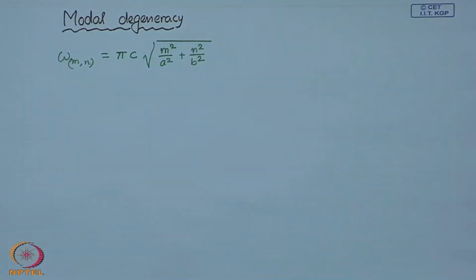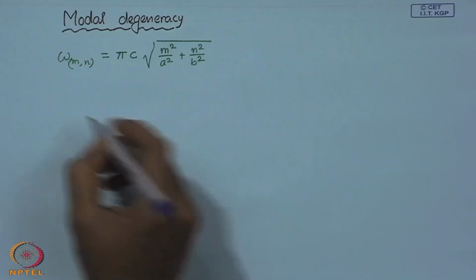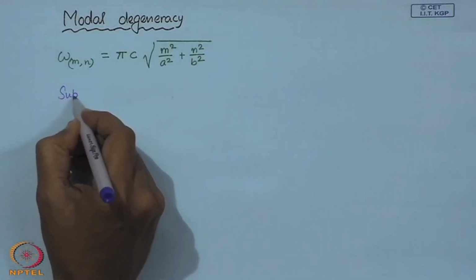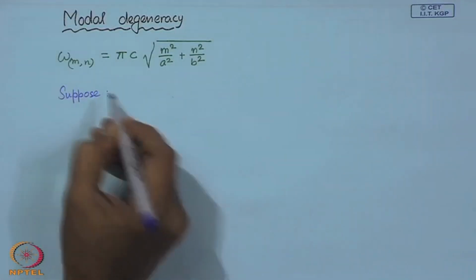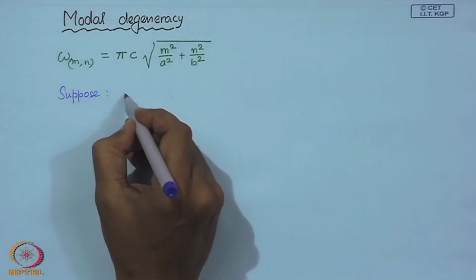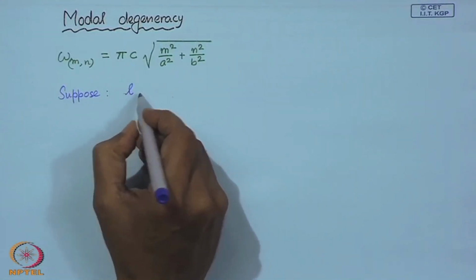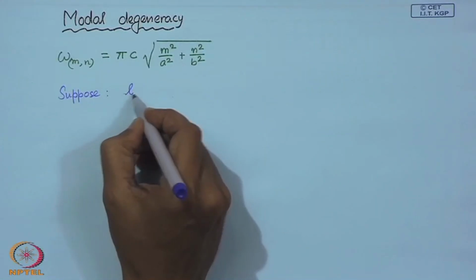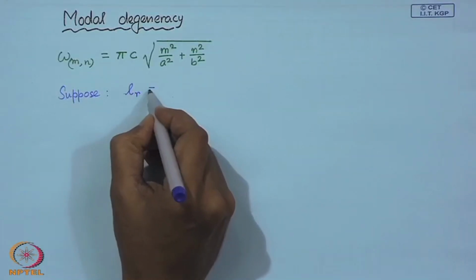Now, suppose you have this ratio A over B, let me call it the length ratio.